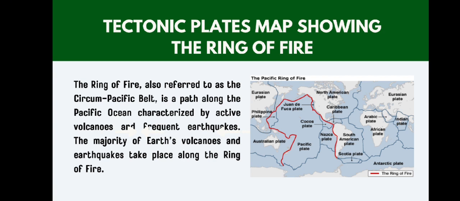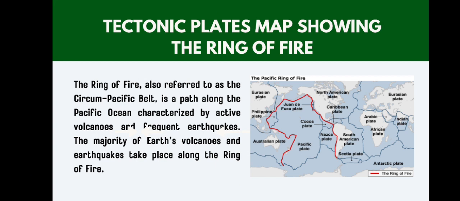Tectonic plates map showing the Ring of Fire. So, makita na to sa picture ang red line, red line nga mauna siyang describe sa the Ring of Fire. So, the Ring of Fire, also referred to as the Pacific Belt, is a path along the Pacific Ocean characterized by active volcanoes and frequent earthquakes.